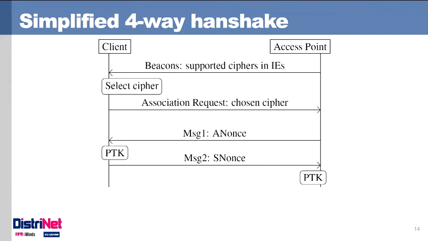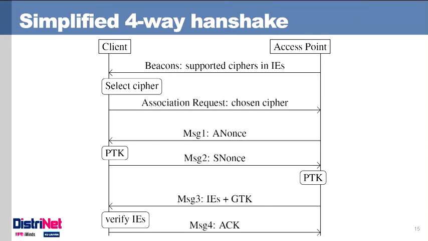Then you initiate the first part of the actual four-way handshake, where the first two messages are essentially used to negotiate session keys. So here the PTK is the session key. Once we have agreed on these session keys, we can continue the four-way handshake.